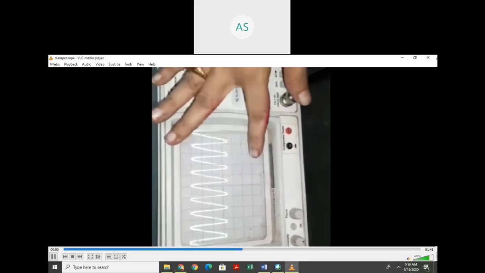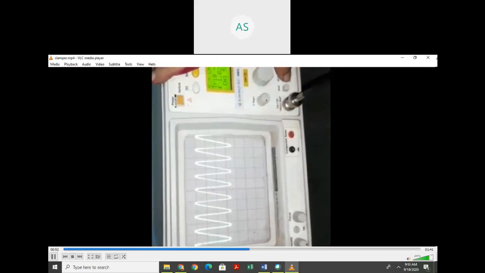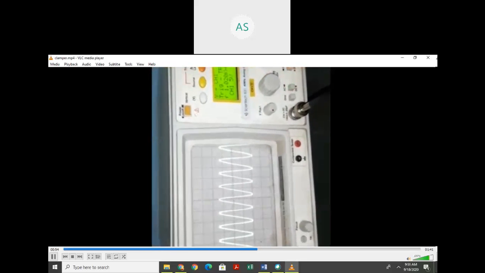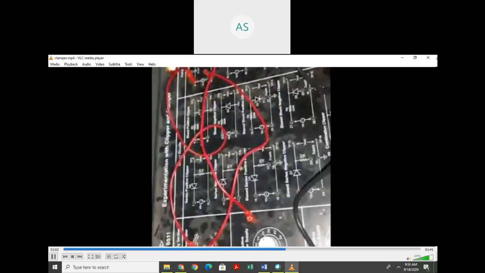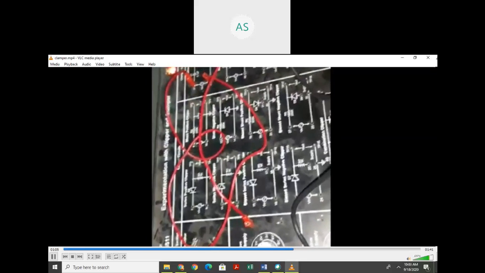And when voltage is 1 volt, corresponding output is shown on CRO screen. When voltage is 2 volt, output is shown on CRO screen.